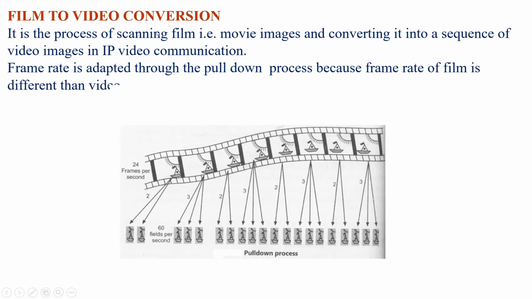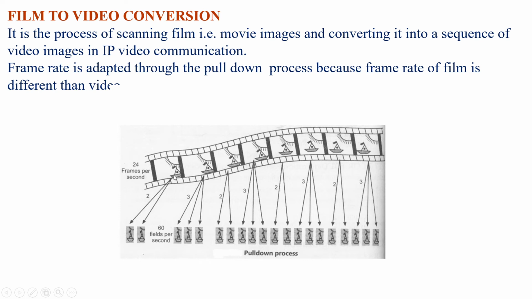Now, film to video conversion is a process of scanning film, that is movie images, and converting it into a sequence of video images in IP video communication. So frame rate is adapted through the pull down process because the frame rate of film is different from video. A motion picture has 24 frames per second, and a television system has 60 fields per second in the American system.